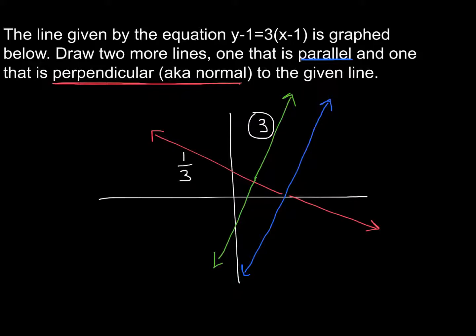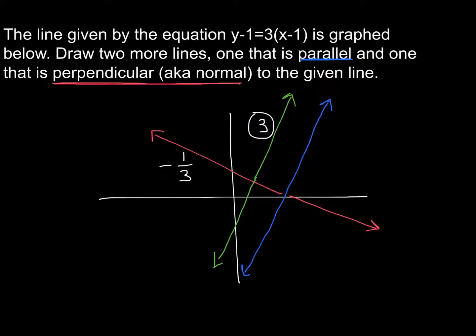And of course, we also have to remember that we've discovered they're going to be opposite slopes, meaning one will be positive and one will be negative. And so what we're getting at is if we have a line that's steep and we want another line that is the same relative shallowness, we'll take the reciprocal. In other words, lines that are normal will have slopes which are opposite reciprocals of one another, whereas lines that are parallel will have the same slope.